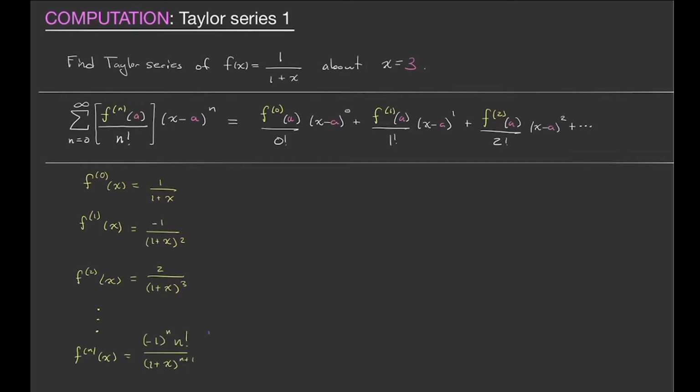It looks like this. And whenever you can find a general formula, you want to write it like that, because then you don't have to keep finding derivatives. You can just use the single formula. If we substitute in the value of 3, of course, we get this, and a little simplification gives us this.